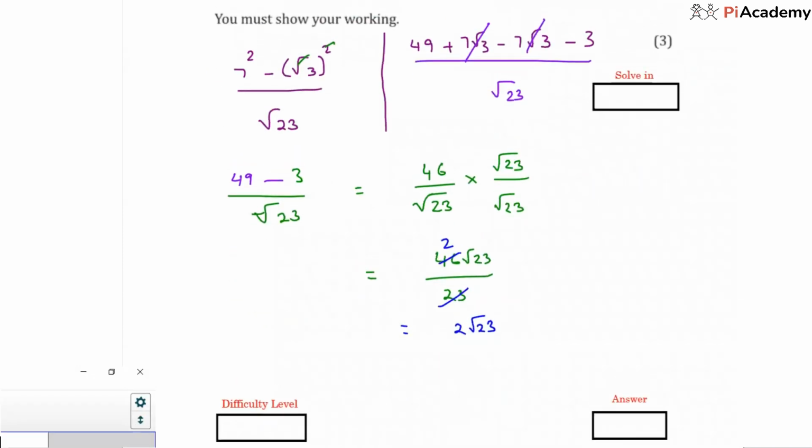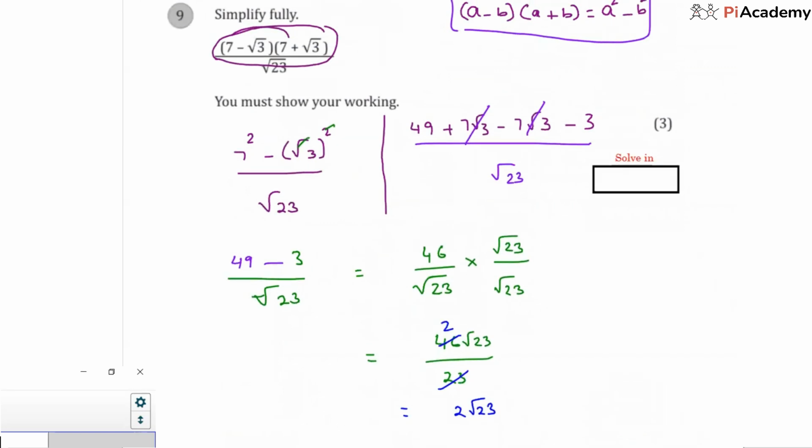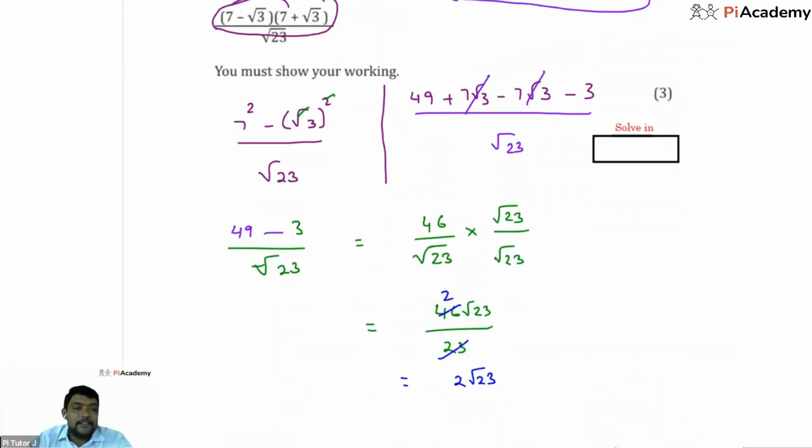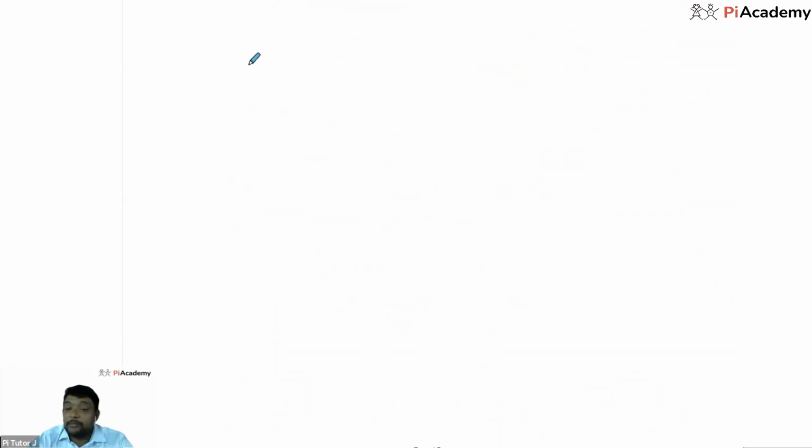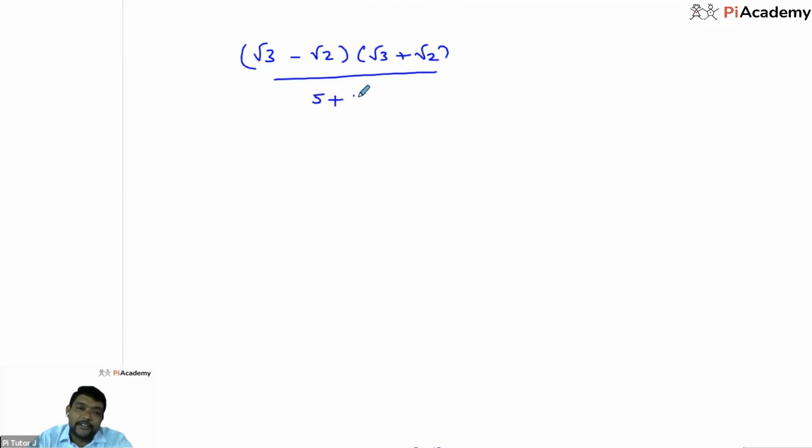Can we have another similar question? You want to do one more question like this? Yes, please. Okay. Let me frame this. You have 25 minus root 5 times 25 plus root 5. Or else, okay, let me give something else. Root 3 minus root 2 times root 3 plus root 2 over 5 plus 2 root 3.